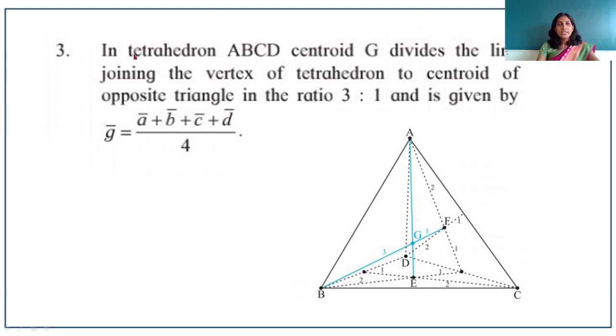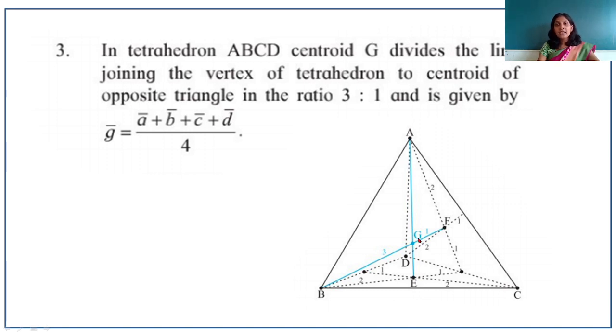Next, here is the tetrahedron A, B, C and D. This is a three-dimensional figure. G is the centroid of the tetrahedron. This centroid divides the line AE in the ratio 3:1.